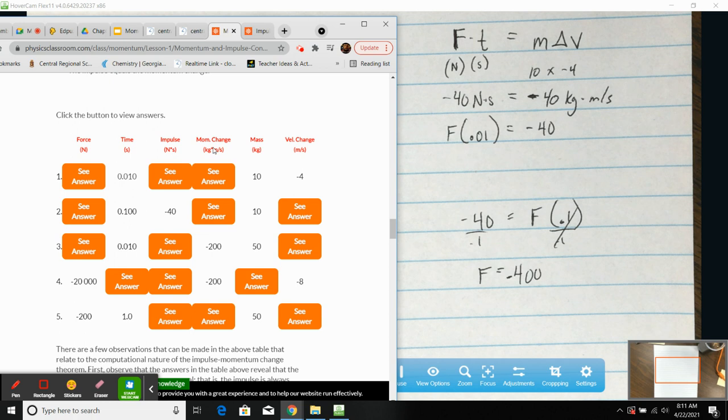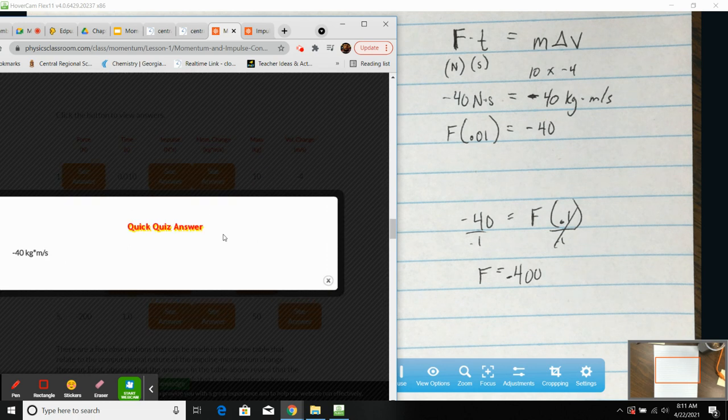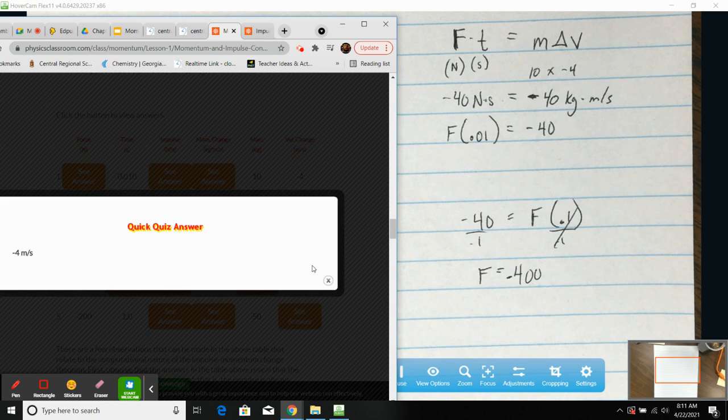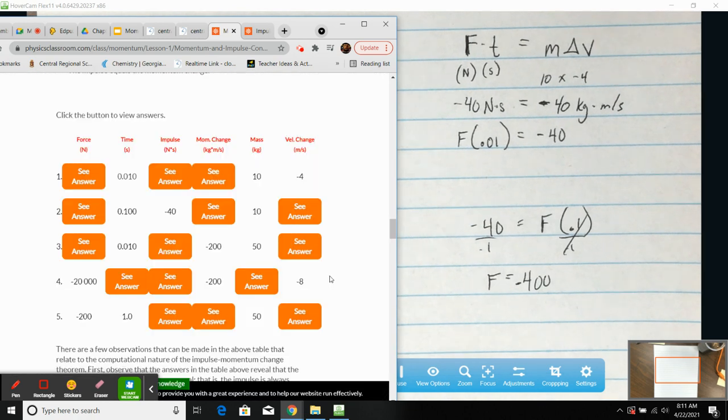So instead of Newton seconds, the unit for momentum change is kilograms times meters per second. So if it's negative 40 here, it's going to be negative 40 here. And if you know what the mass is, then we can figure out what the change in velocity is. So negative 40 divided by 10, negative 4.